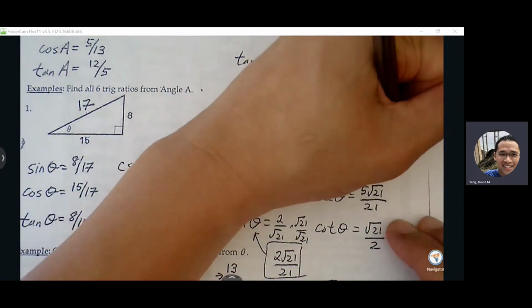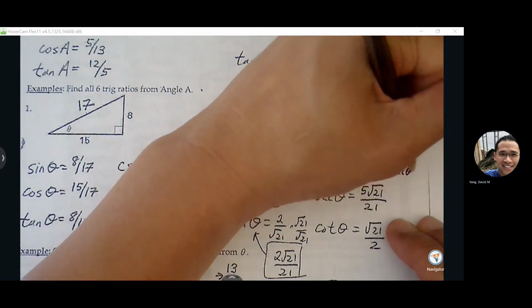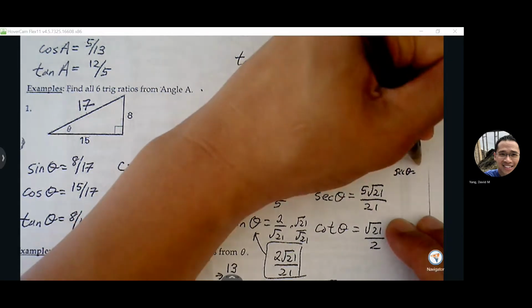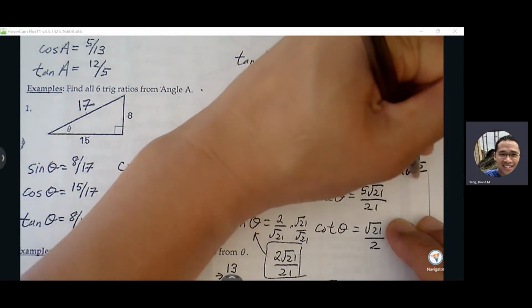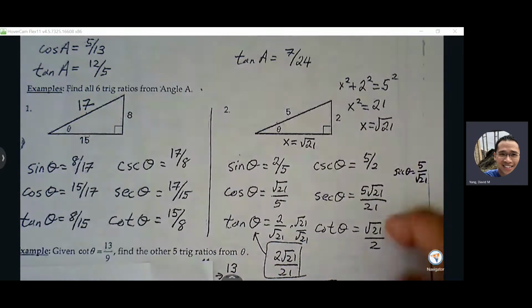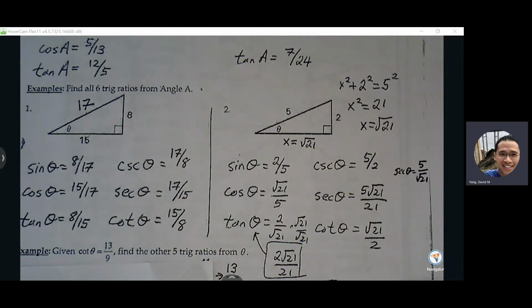What did you guys get for secant initially? 5 over root 21. If I want to clean up 5 over root 21, let's target that denominator. We multiply the numerator and denominator by root 21.